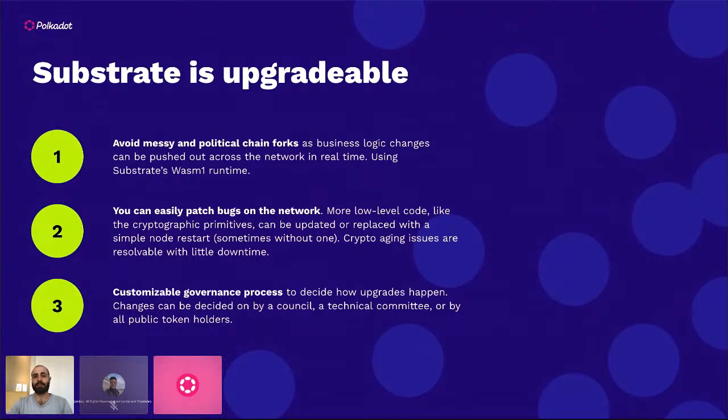If it passes on-chain governance, that runtime will be included in one of the upcoming blocks. As soon as that block is added to the canonical chain, the runtime will be upgraded. There are no more messy forks happening. So this is extremely powerful.